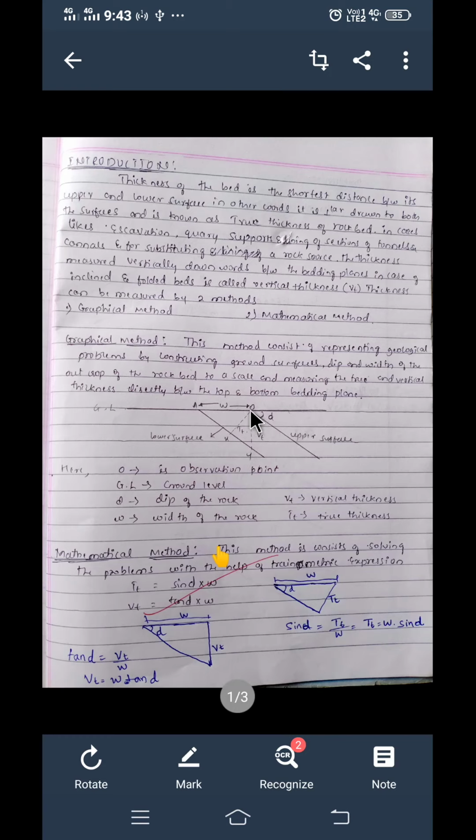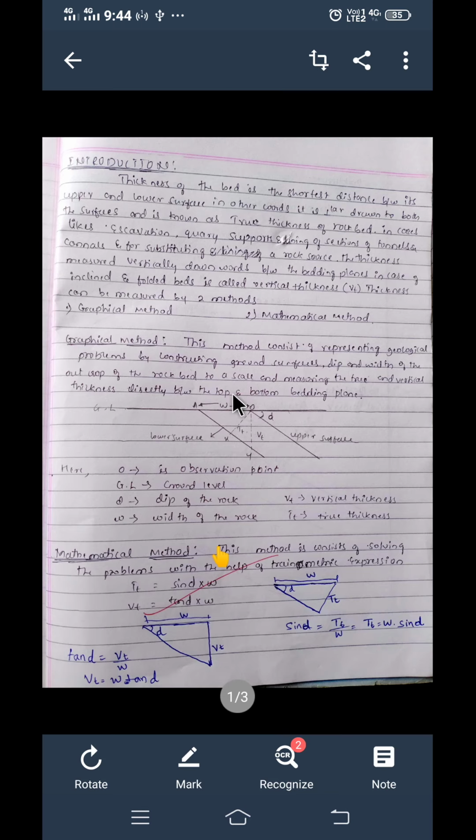If you take a perpendicular from the ground level till the rock bed, this vertical height is known as the vertical thickness of the rock bed. If you take a perpendicular from the rock bed till the ground level, this height is known as the true thickness of the rock bed. Clear?